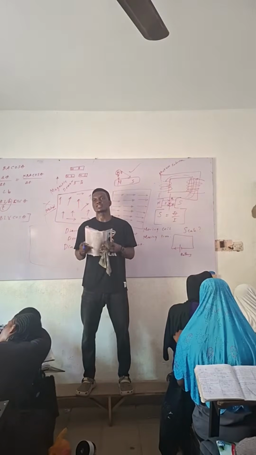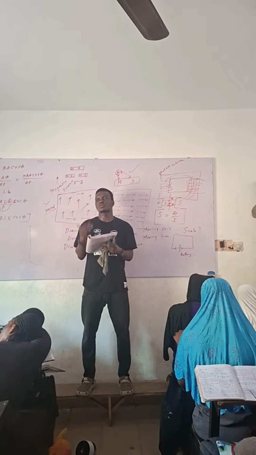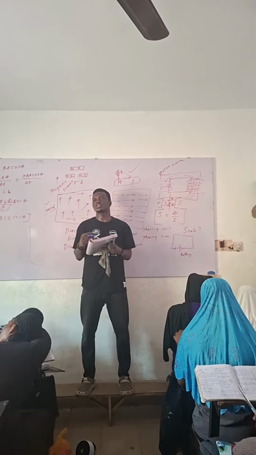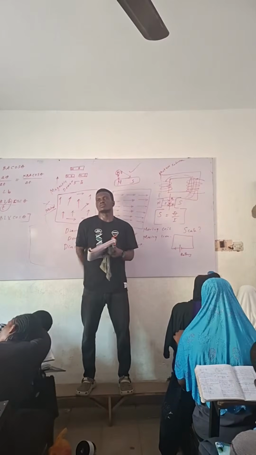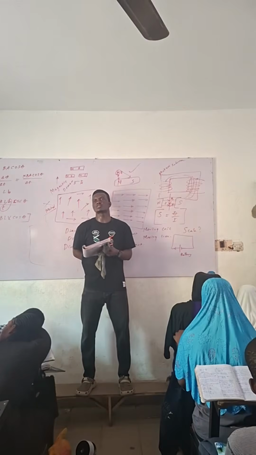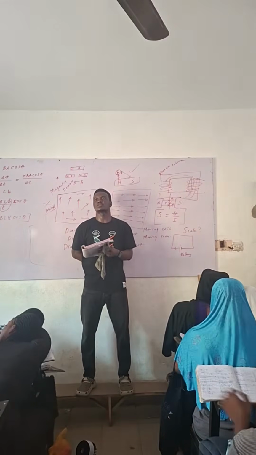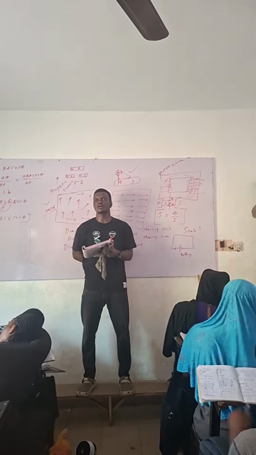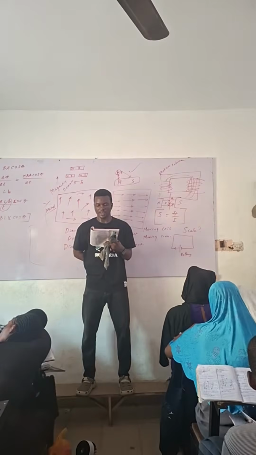Without solving it, the value of the voltage you are going to get, should it be higher or lower? I'm not giving you time to discuss it. Higher or lower? Lower. So let's look at it.